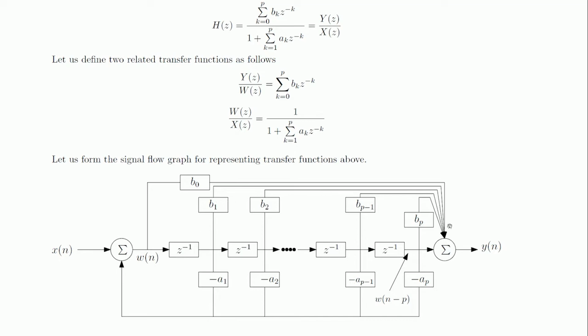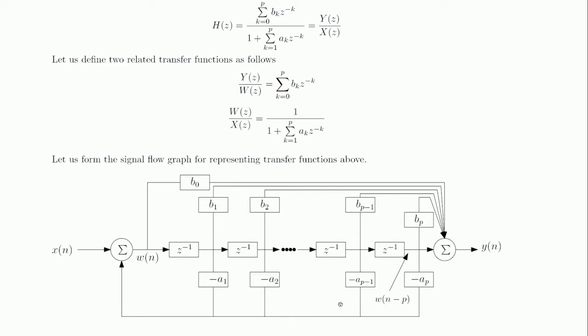Like this we have b2 at the output of the second delay element, connected to the output, and minus a2 is a feedback path going back to the input. This goes on till we have the gains b p and minus a p, which are the feed forward and the feedback paths connecting the output and the input.